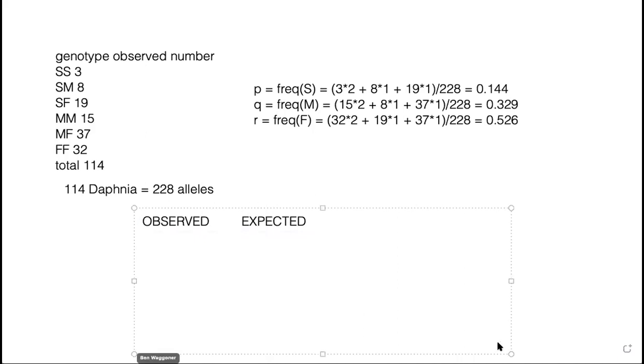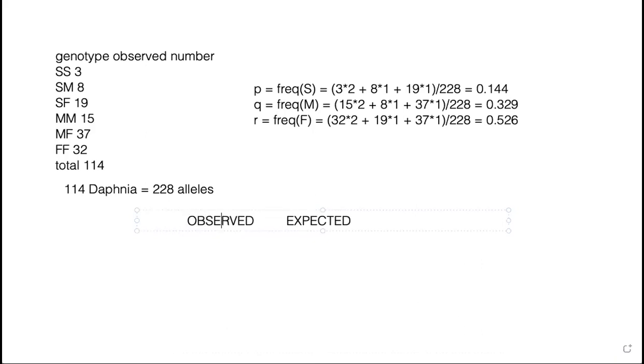What's our observed frequency of SS? Well, we have 3 individuals out of 114. And 3 divided by 114 is 0.0263. Our observed frequency is 2.6%.